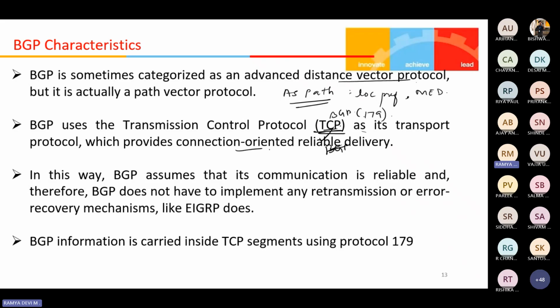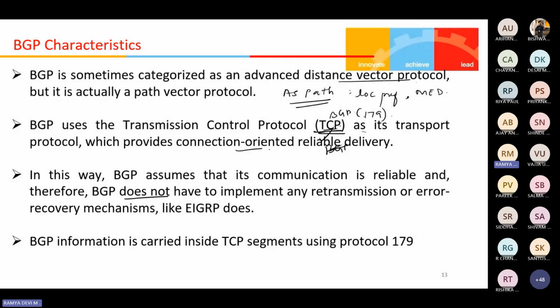Because TCP already ensures error recovery and transmission, BGP does not need mechanisms like sequence numbers for recovery. It concentrates only on routing policies and path selection. The TCP connection is established between BGP peers, right?